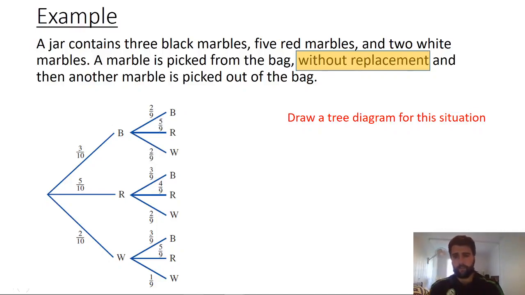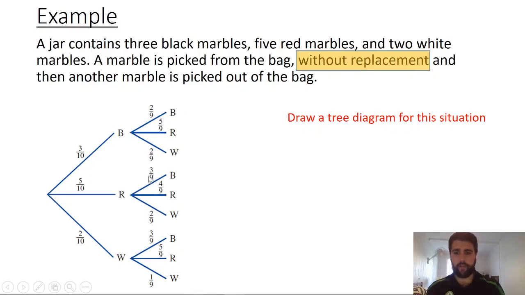Now, we've got to be careful when we draw these tree diagrams, because if we were to pull out a red marble the first time we pick a marble from the bag, we're again only going to be left with 9 marbles in the bag, so each fraction is going to have 9 as its denominator. But there's still going to be 3 black marbles in the bag.